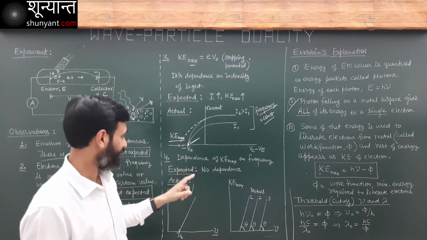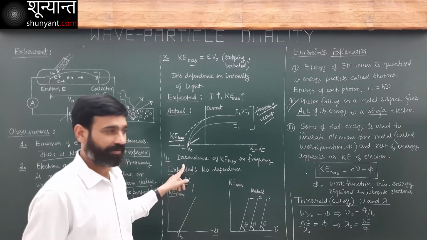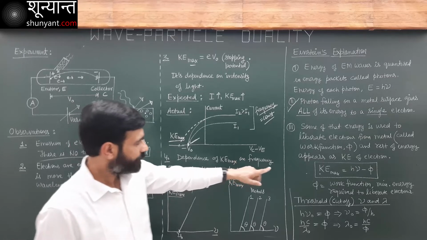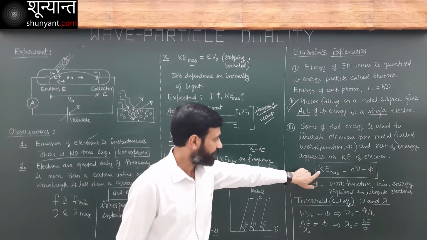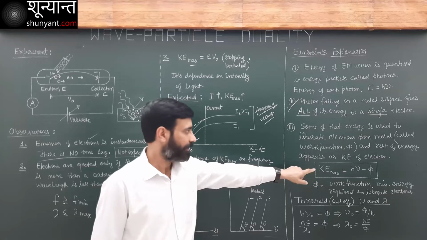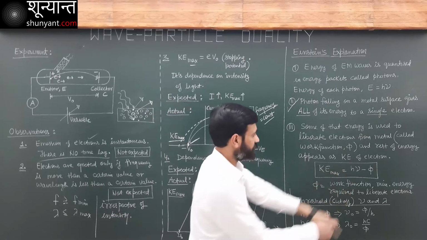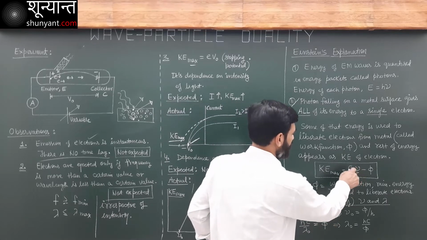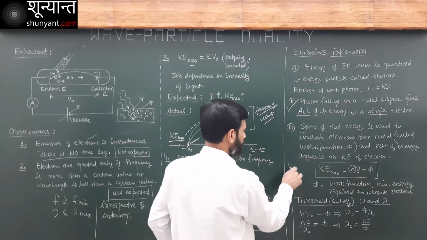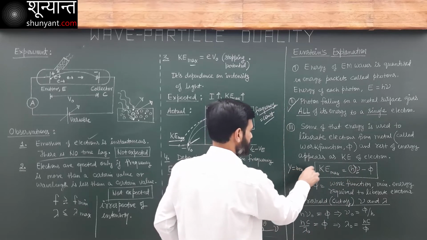Okay? And now the last one. If you look at the graph of kinetic energy versus frequency, it is of the type y equals mx plus c.